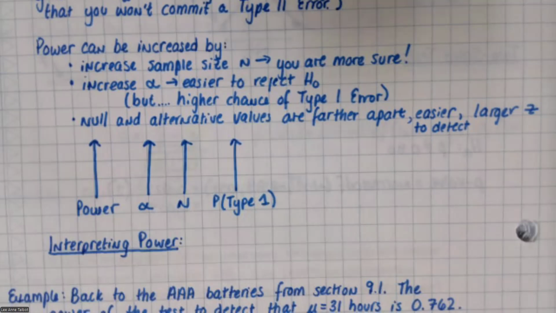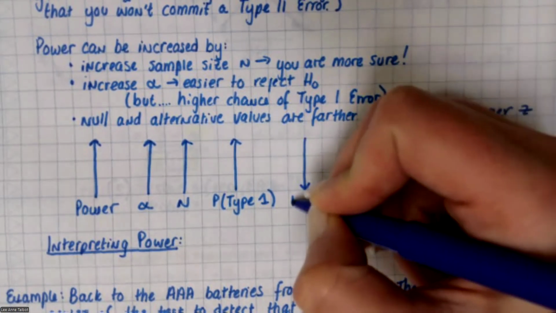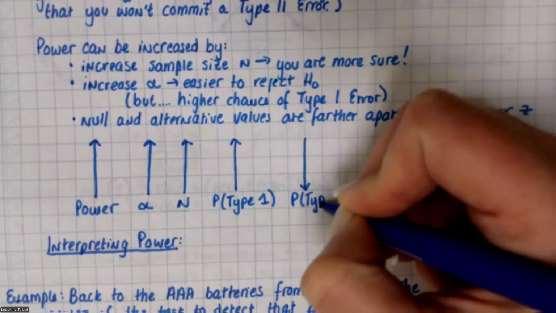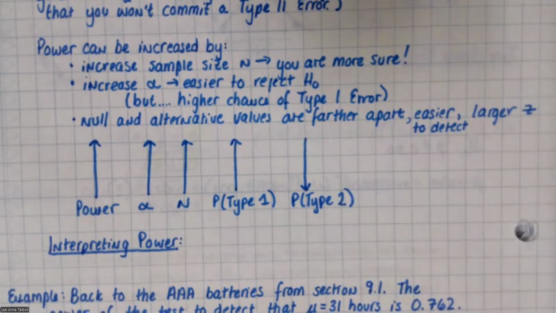The only one that goes in a different direction is the probability of type 2. It goes in the opposite direction of everybody else. But that's really the only thing you need to remember.